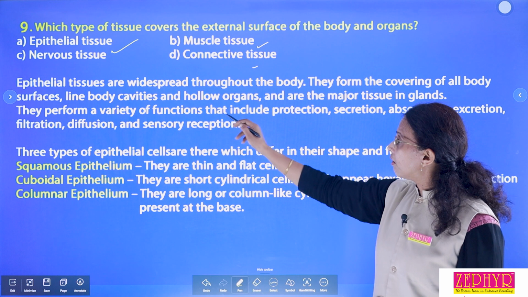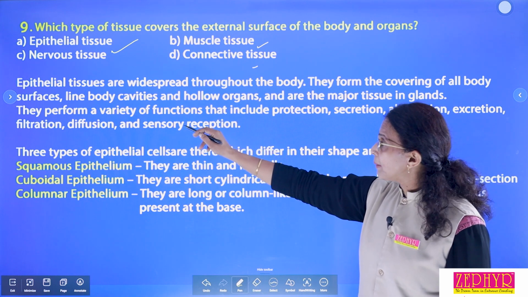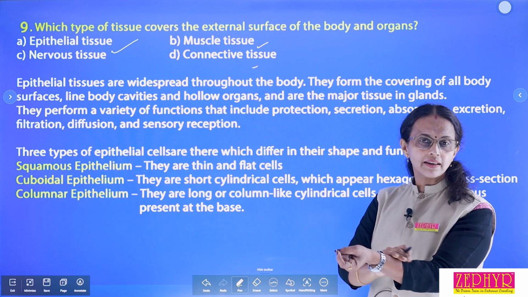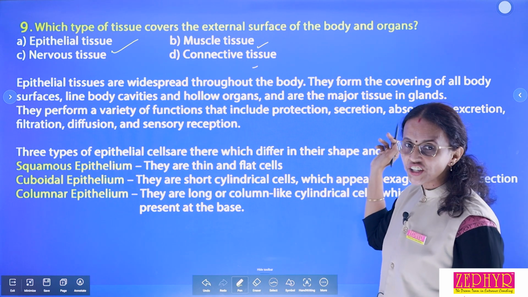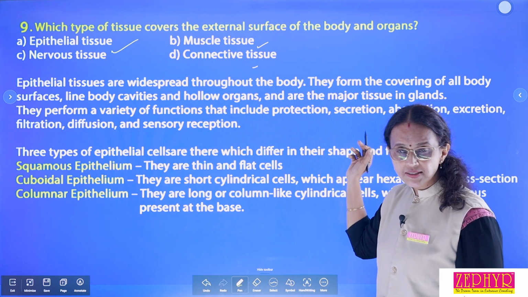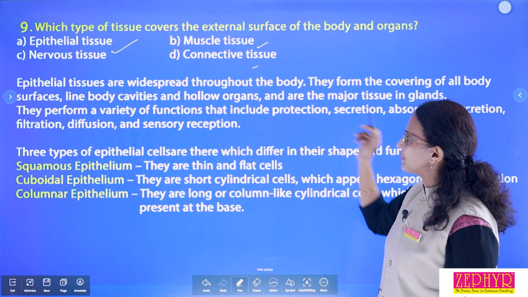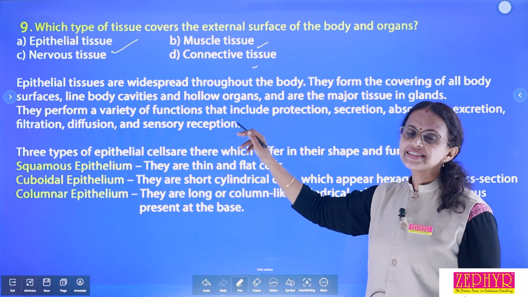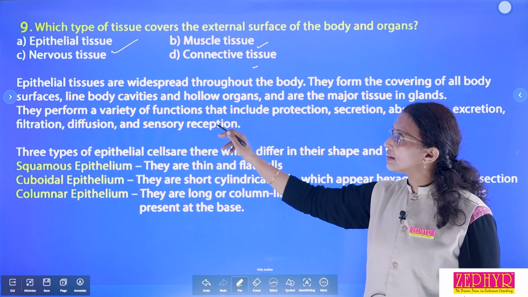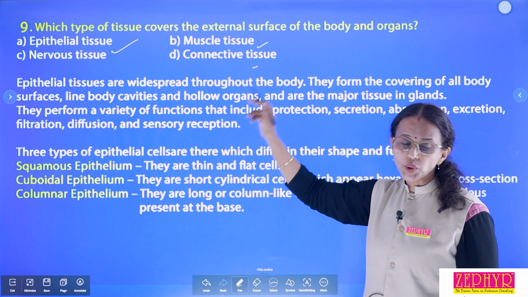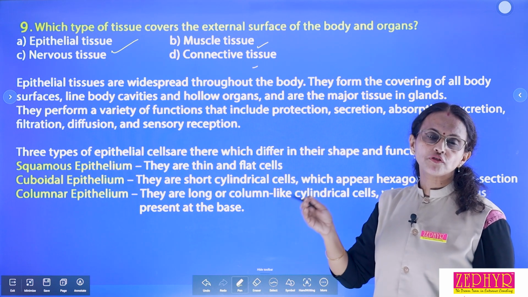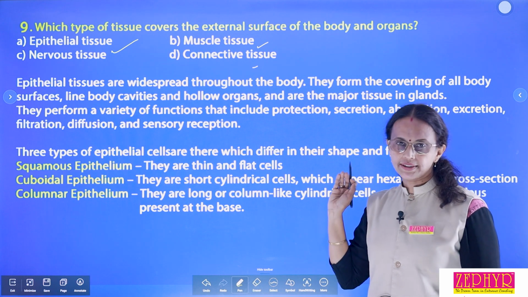They perform a variety of functions which include protection, as our skin helps for protection, secretion of different kinds of substances, absorption, excretion, filtration, diffusion and sensory reception. These are all the functions of epithelial tissue, which is present at the outer covering of the body and other organs.